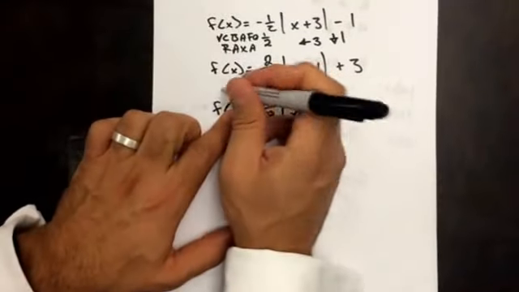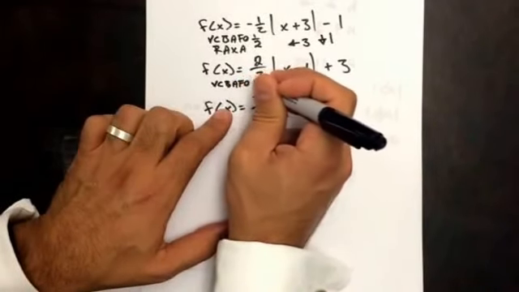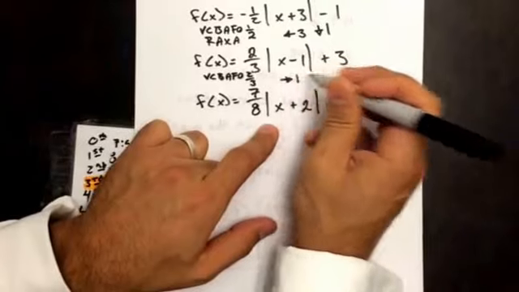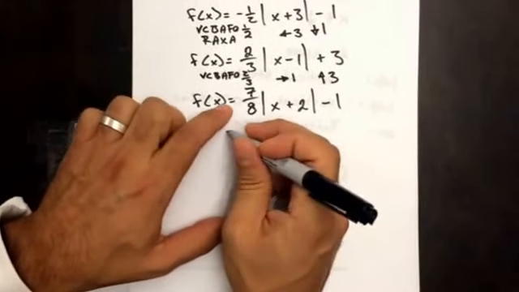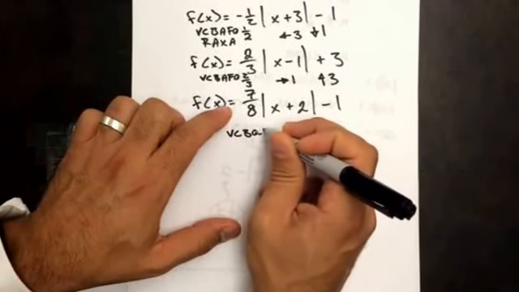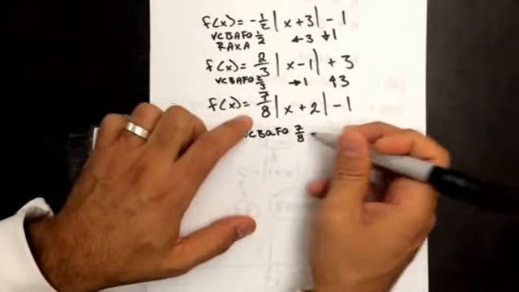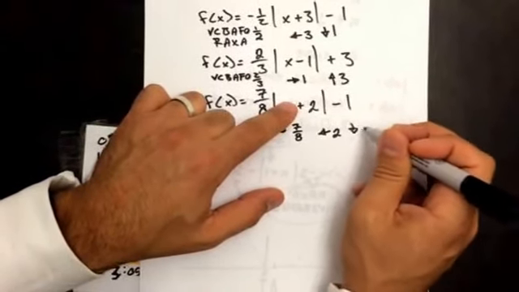This one is 2/3, so it's going to be vertically compressed by a factor of 2/3. This 1 is going to move it to the right 1, and this 3 is going to move it up 3. This one is vertically compressed by a factor of 7/8. This 2 is going to be to the left 2, and this 1 is going to be down 1.